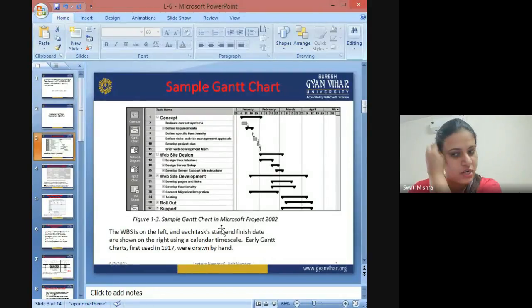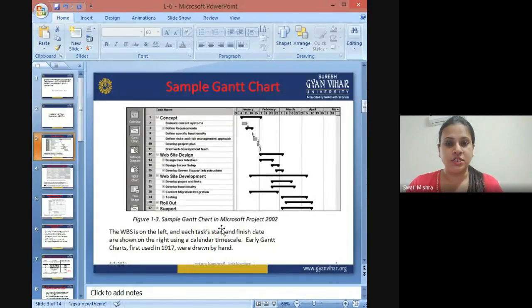So these Gantt charts are designed by the project teams before they start their project, so as to make it clearly understandable by the project team as to when they are supposed to start any task and by what time they have to finish it. So they are clearly aware of the starting and ending dates of their particular activities which they are supposed to conduct, and how much time duration has been allotted to them for completing that activity.